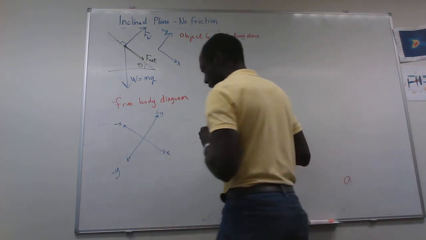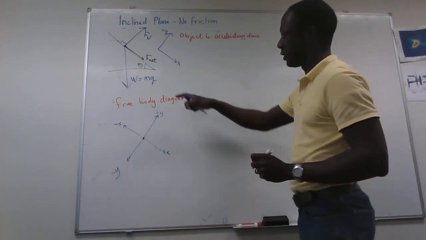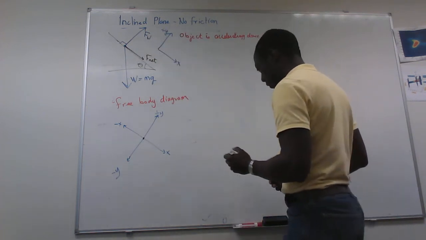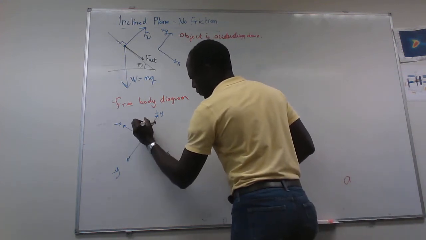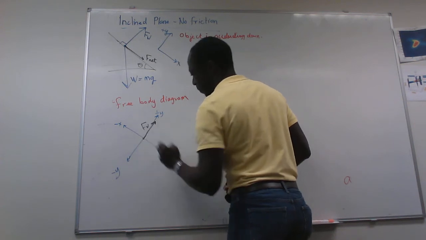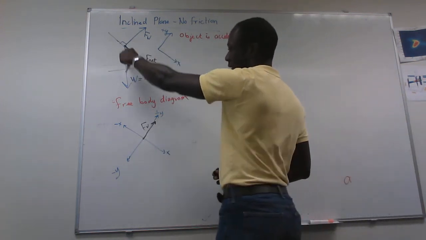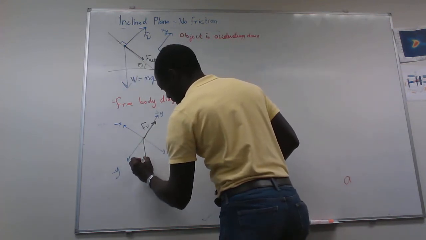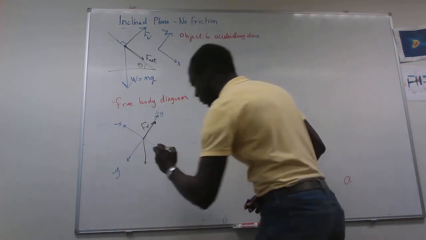And we'll draw our object in the center here. Alright, so the first force we'll consider here is the normal force, which acts parallel to the y-axis. So the normal force acts this way. And the second force which acts on this object, again on this diagram, is the weight of the object. So that will be acting still downwards relative to the earth.